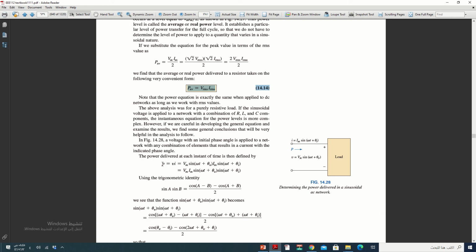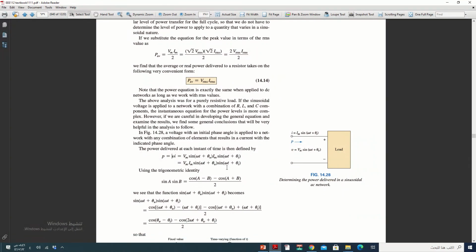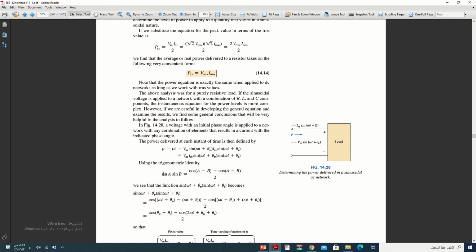If we apply the formula, the voltage sinusoidal expression multiplied by the current sinusoidal expression, you multiply them and apply a mathematical identity.